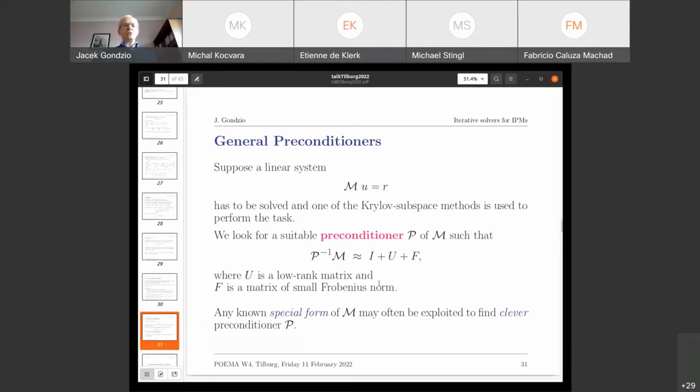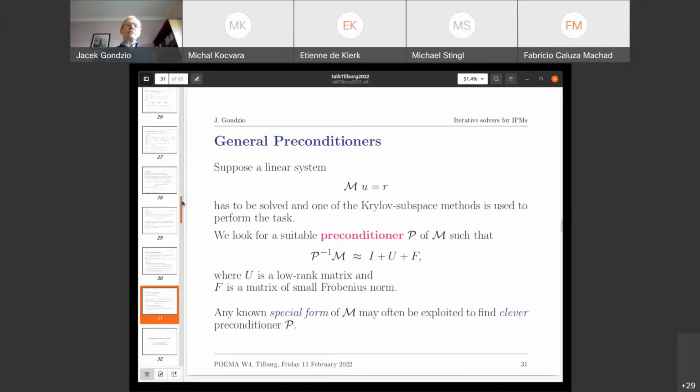I didn't mention it here on the slide, but we would like the preconditioner to be significantly simpler than M. It doesn't make sense to replace M with a preconditioner equal to M, because it would mean we solve the system directly. But we want P inverse to be quickly computable and such that P inverse M has this favorable structure.